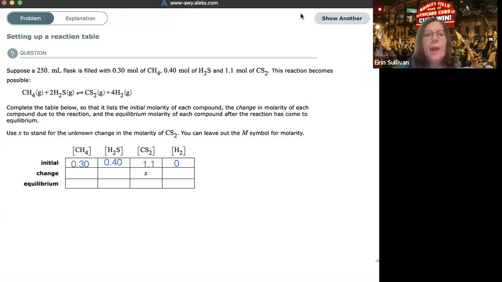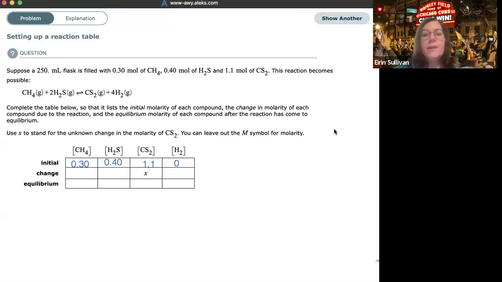Now, in this case, I'm probably going to make a little bit of an assumption that the reaction is going to proceed primarily from the reactant side to the product side to get to equilibrium, based on the fact that I have 0 as my concentration of hydrogen.